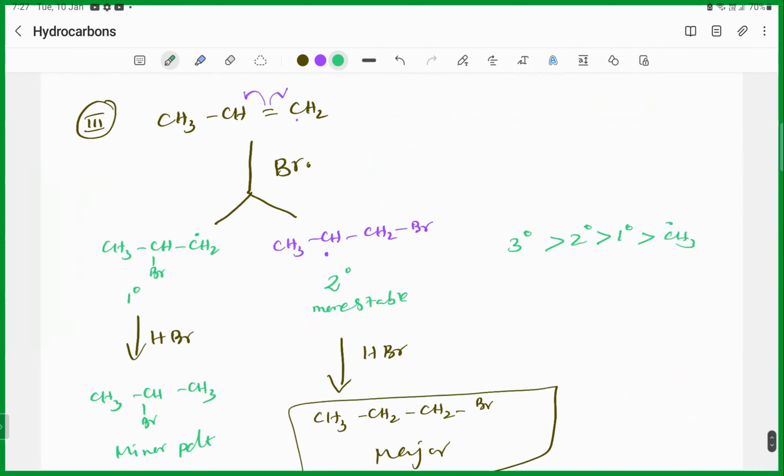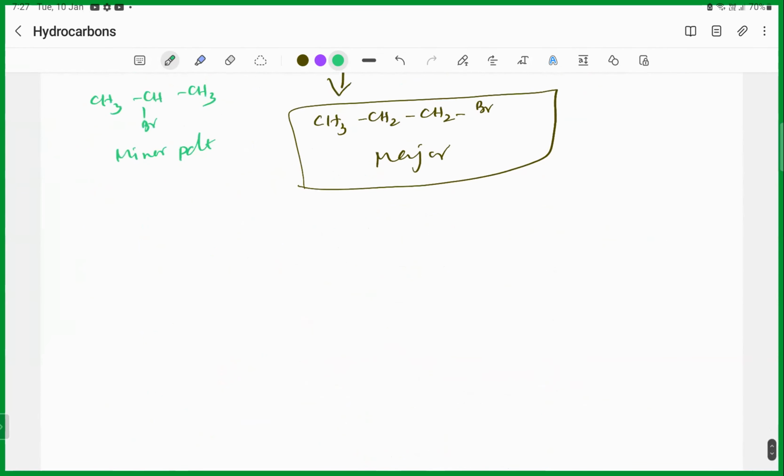So it will give like this. This is called the anti-Markovnikov product.